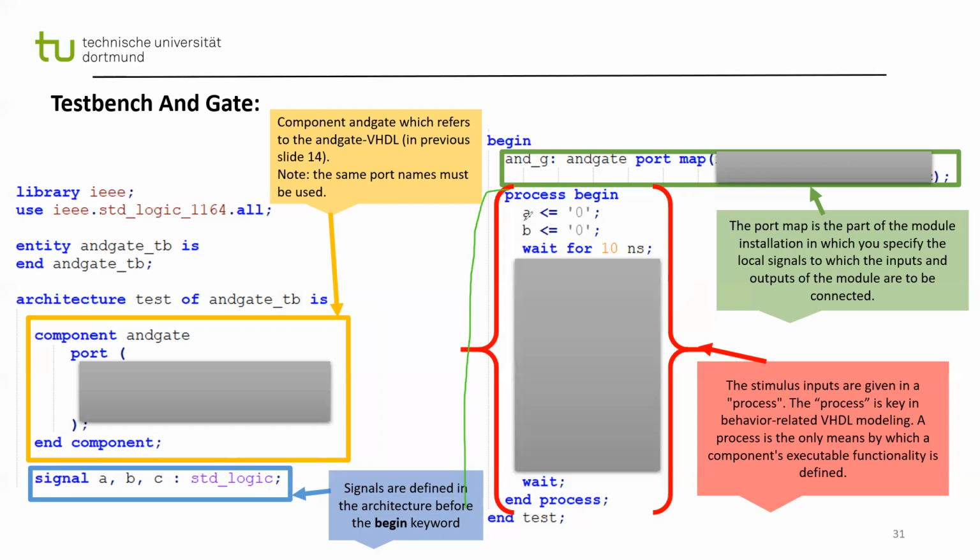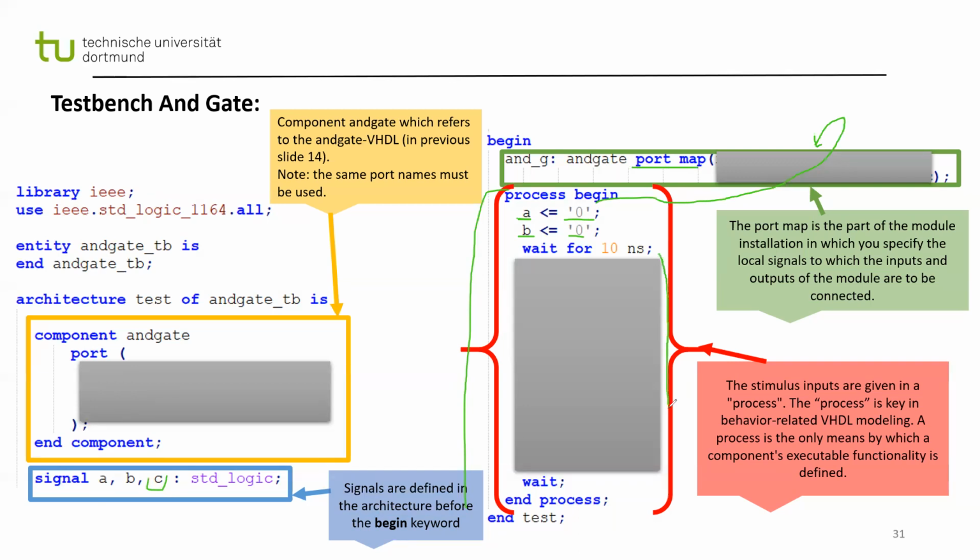As you can see here, we give the value of signal A the value of 0, signal B the value also of 0, and in the port map, this is specified, and A is given to the first port name of the AND gate, B is given to the second port name of the AND gate, and we have the signal C, which takes the value of the output of our port map.